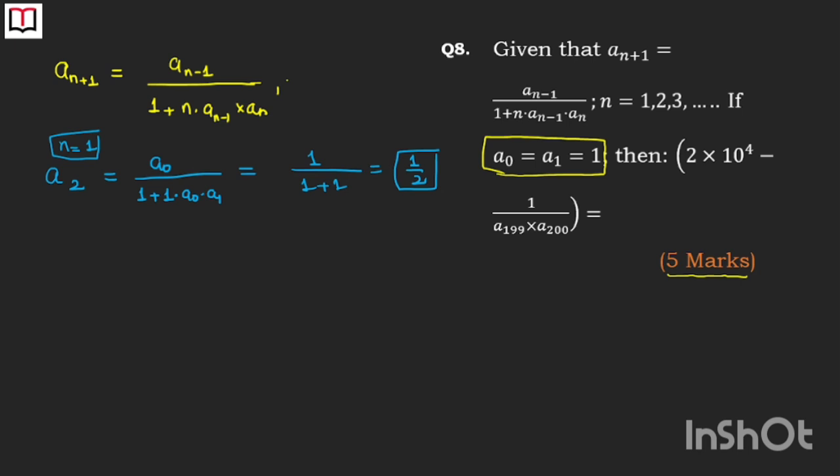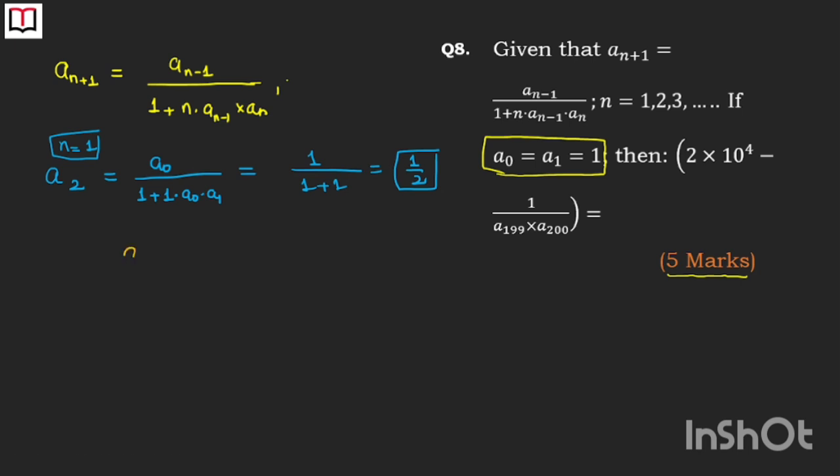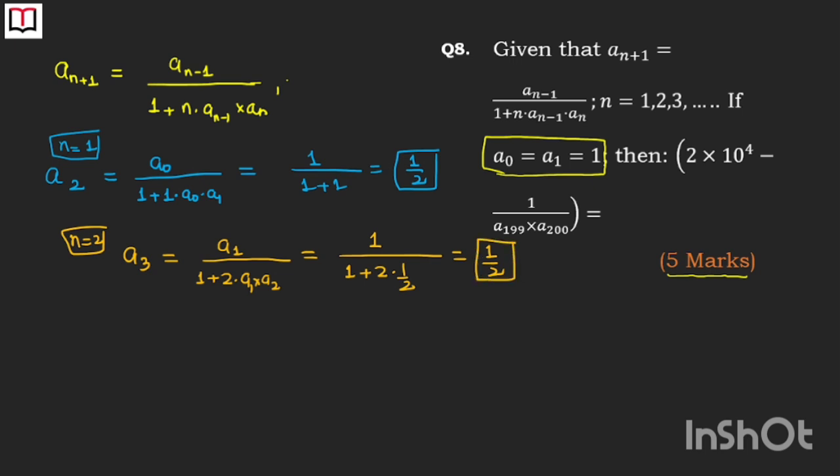Now a3: we replace n by 2. So a3 is a1 over 1 plus 2 times a1 into a2, which is 1 over 1 plus 2 times 1 into 1 by 2, so this is again 1 by 2. a3 is again half.